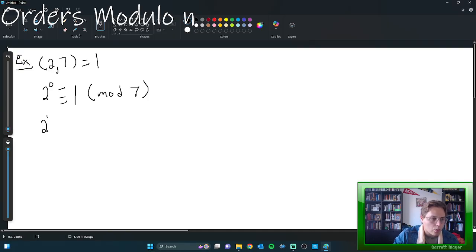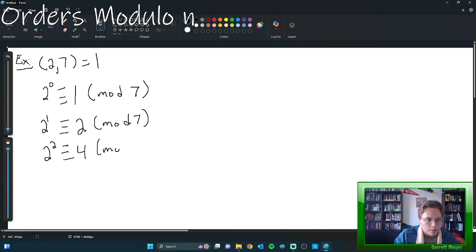Next, 2 to the 1 is congruent to 2 mod 7. Next, 2 squared, obviously congruent to 4 mod 7. And then 2 to the 3 is congruent to 8, but we know 8 is congruent to 1 mod 7.